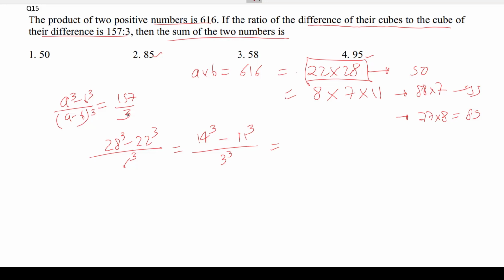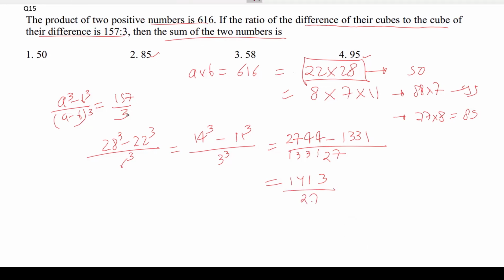So 14 cube is 2744, and 11 cube will be 1331, and 3 cube 27. So upon solving it, I think this is the right answer. So 50 is the right answer.